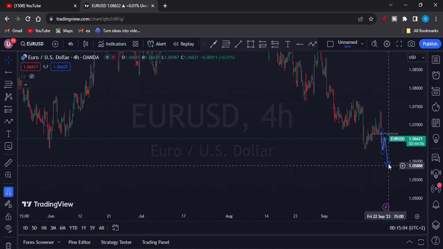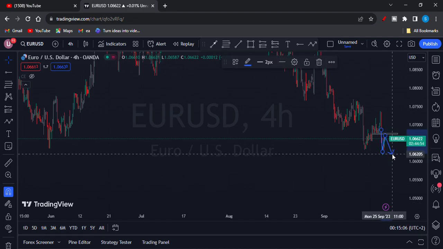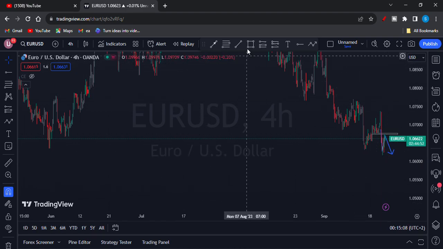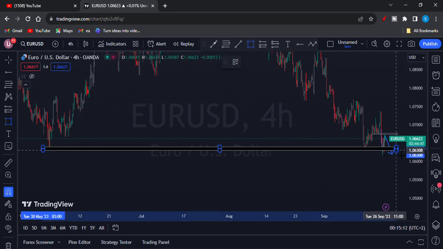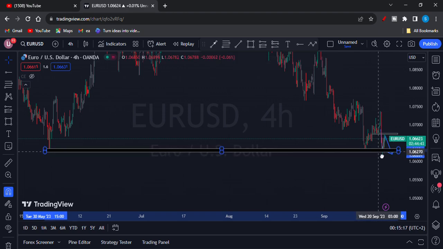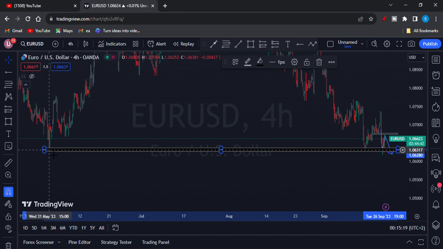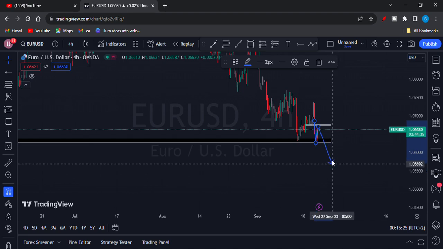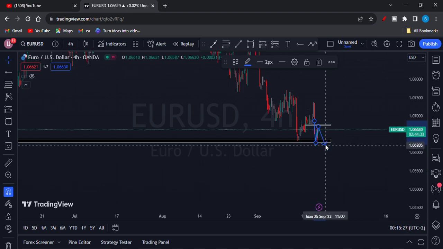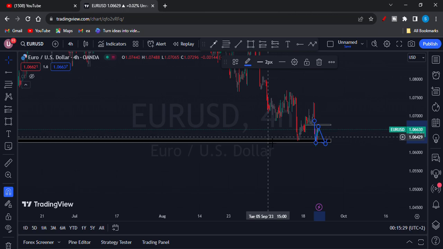Maybe even potential up to here, because we still have this right here, still having this zone right here, unless if we finally break this zone, and then that's going to be something else, but potential up to there.